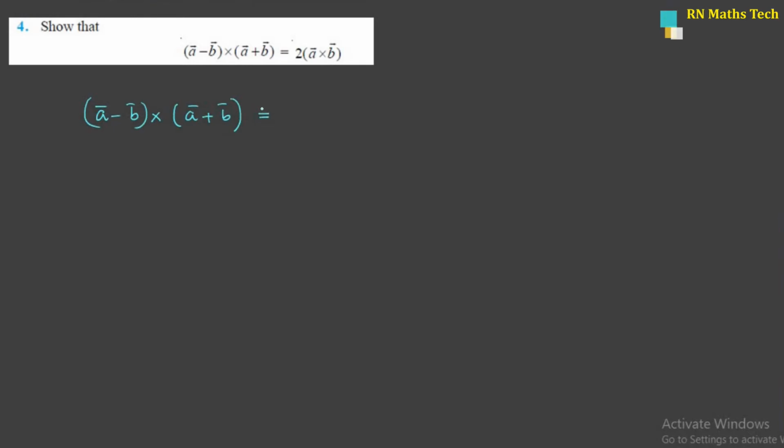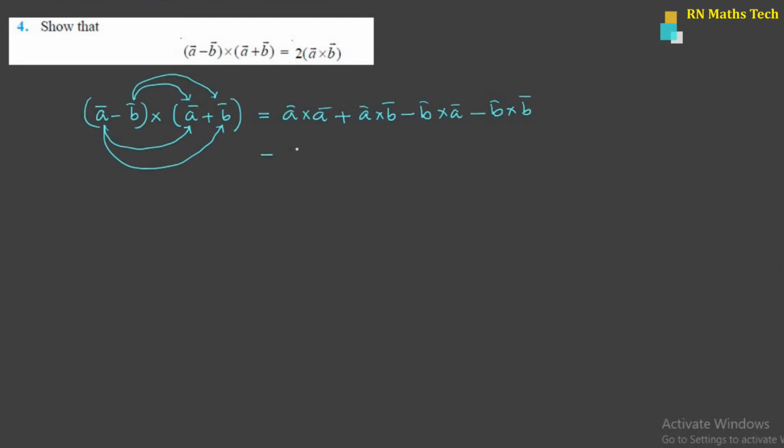First is a cross a, then a cross b, next is minus b cross a, next is minus b cross b.